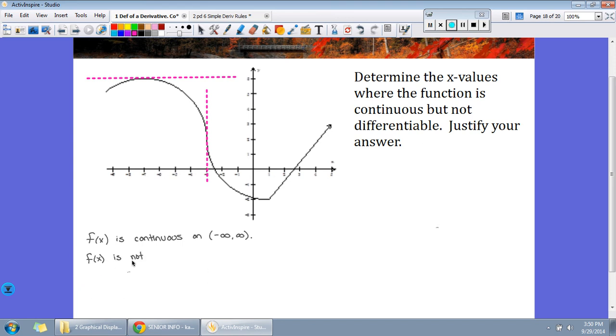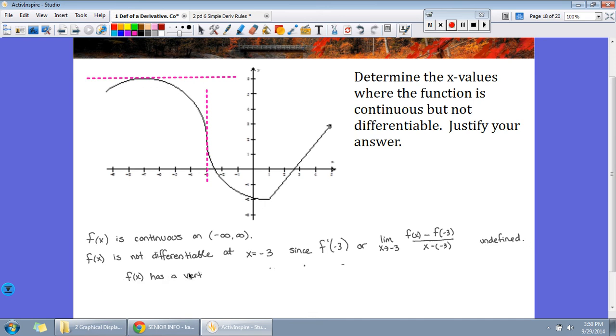But f of x is not differentiable at x equals -3 because of that vertical tangent line. The limit as x approaches negative 3 of the definition of a derivative is undefined, so f of x has a vertical tangent line at x equals negative 3.